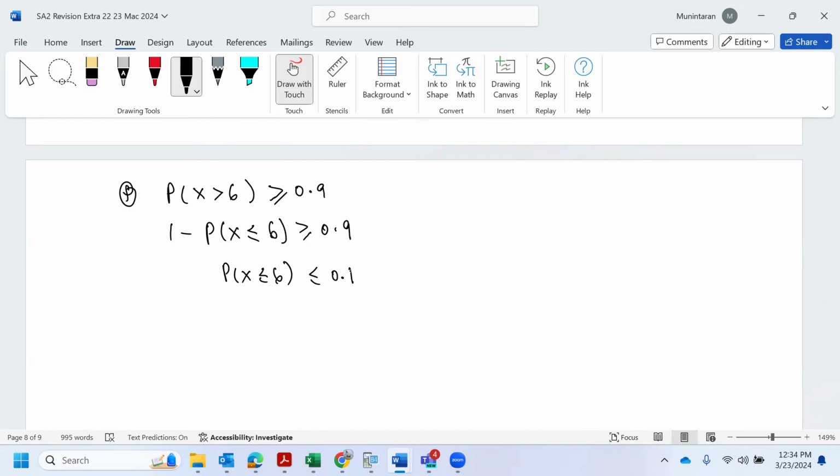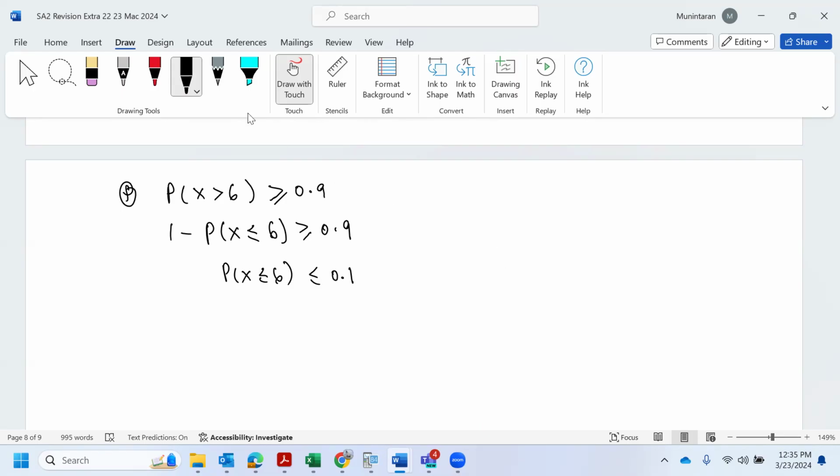There are so many terms here: 0, 1, 2, 3, 4, 5, and 6. If you want to do the formula way, you're surely going to have a difficult time.